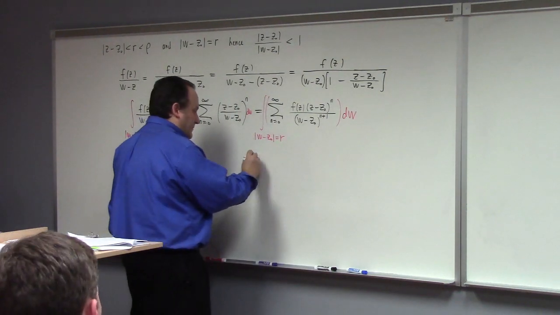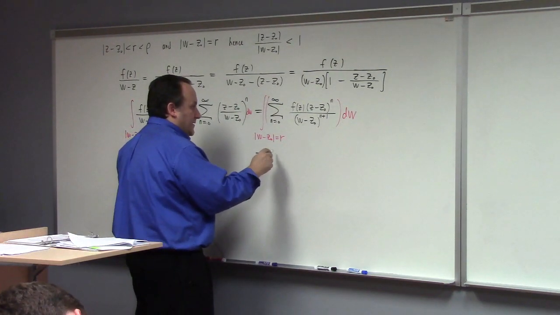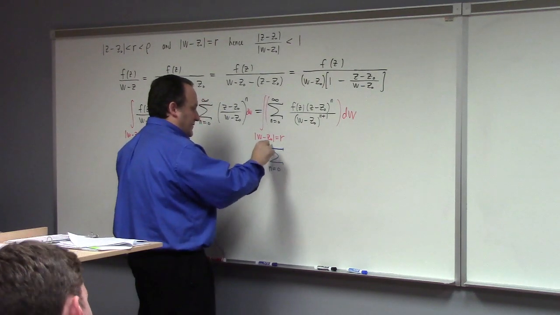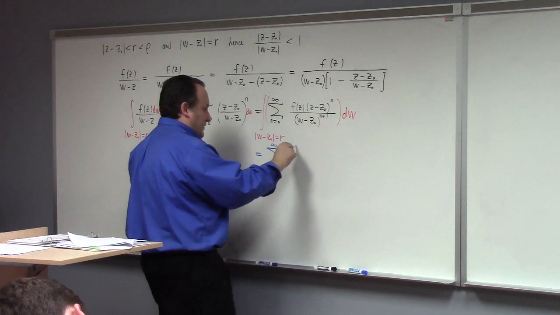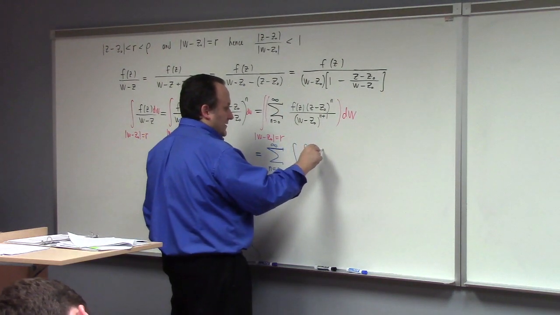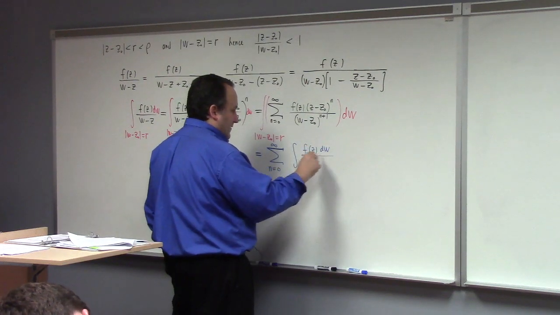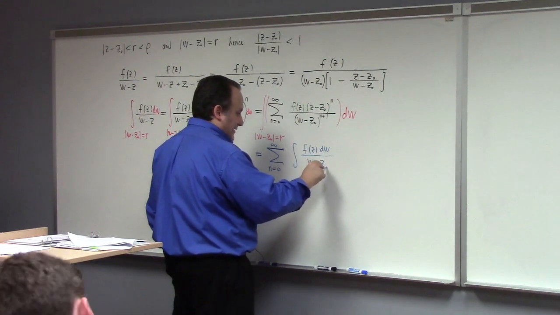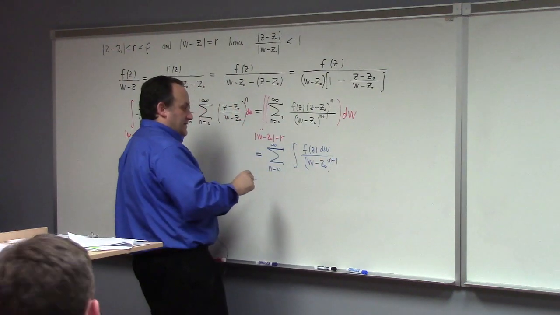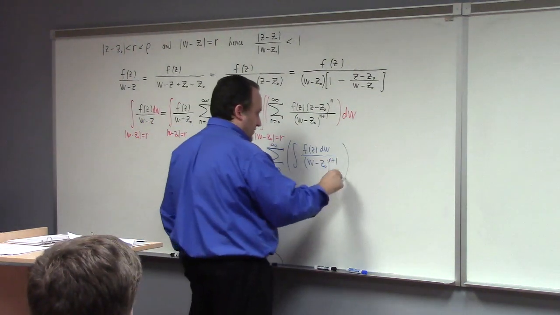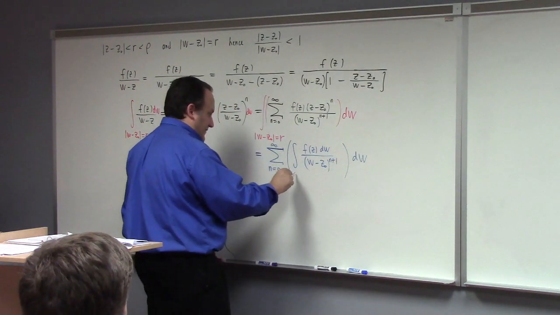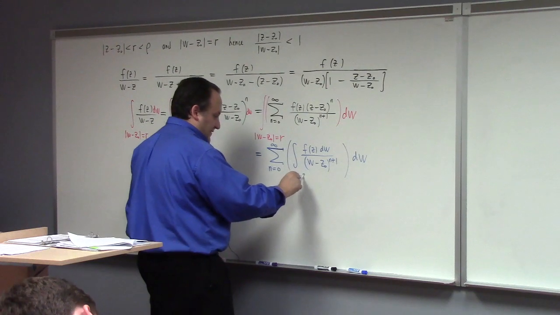And so what we got here is just straight up the summation n equals 0 to infinity of the integral of f of z dw over w minus z naught to the n plus 1, all of that times dw, right? And this is done over the circle of radius r centered at z naught.